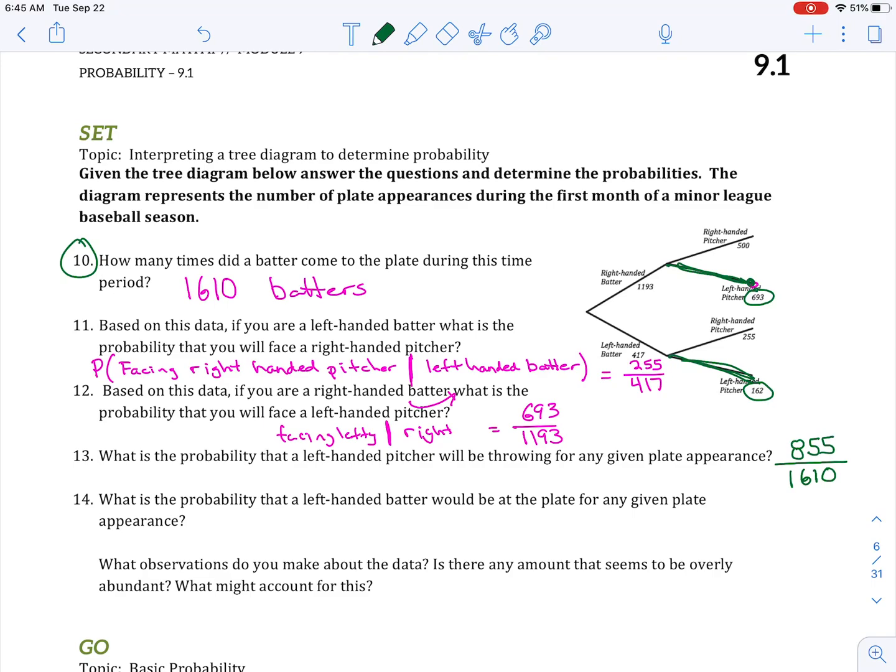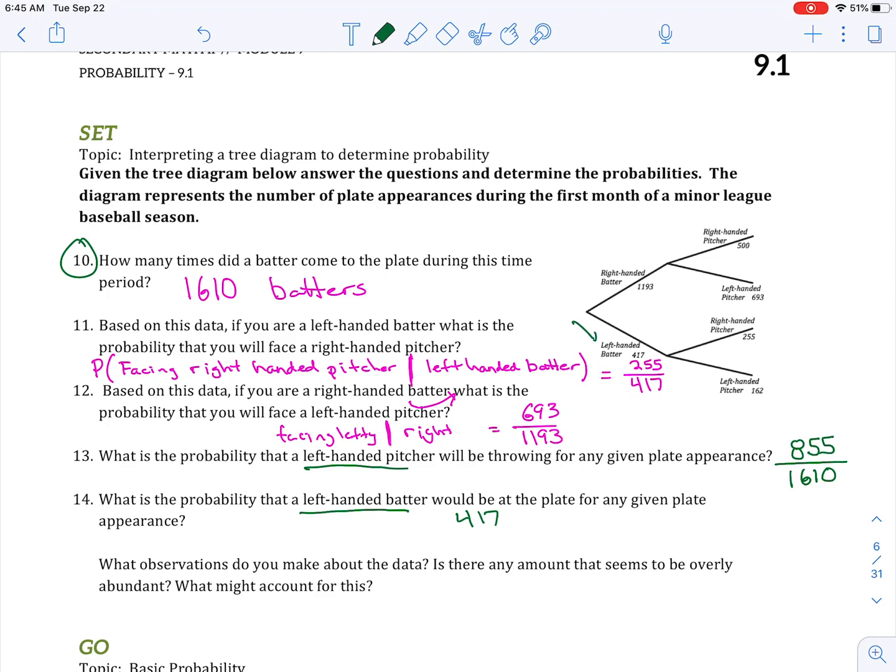Okay, what's the probability that a left-handed batter would be at the plate for any given plate appearance? This time, if that one was left-handed pitcher, this one is left-handed batter. Well, there's 417 left-handed batters, as I see over here.